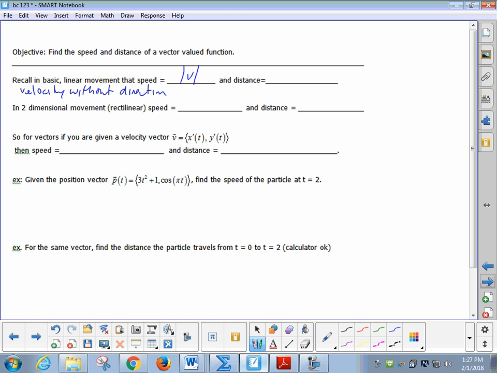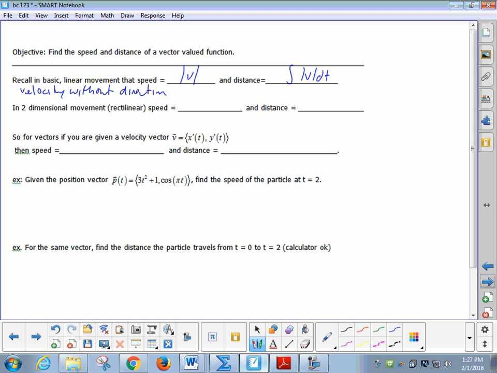Now, speed and distance go hand in hand. Velocity and displacement go hand in hand because they use the sign, they use direction. Speed and distance go hand in hand because they don't use direction. So distance is the integral of velocity, of speed. And you're just accumulating how much speed times time total happened, and that tells you how much distance happened.